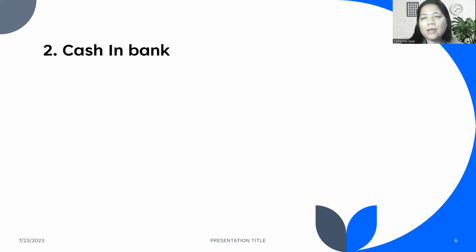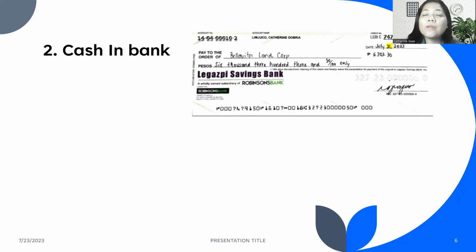Number two is cash in bank. As opposed to cash on hand, which is in the custody of the company, cash in bank is the cash in the bank. Basically, we deposited it in the bank. And we have your example.